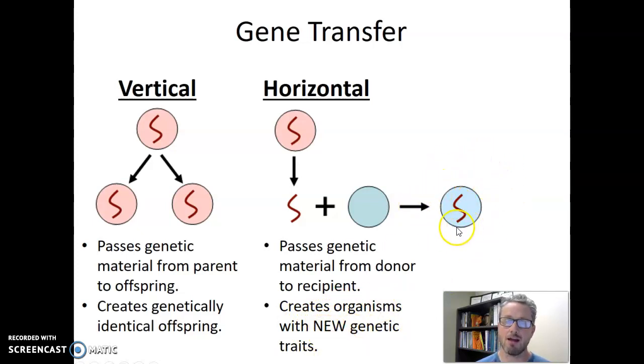Again, this cell now has DNA that it did not have before, and that may allow the cell to do something new. So again, we want to think about how horizontal gene transfer can occur. And it can occur in several ways, but in this video we want to address the mechanism of transformation.